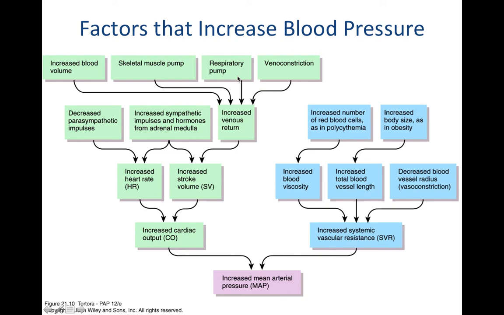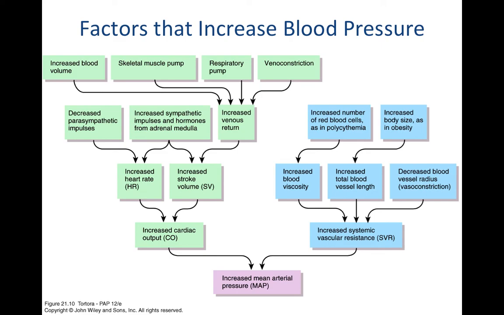Respiratory pump changes the pressures in your abdomen, in your thorax, and vasoconstriction. All of these will result in moving more blood back to your heart. Vasoconstriction is looking at constricting your veins in order to pull some more blood from that blood reservoir.